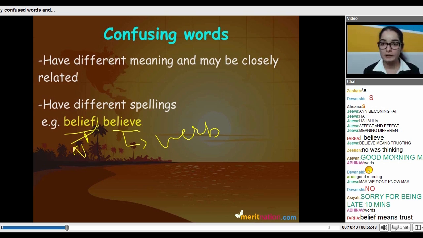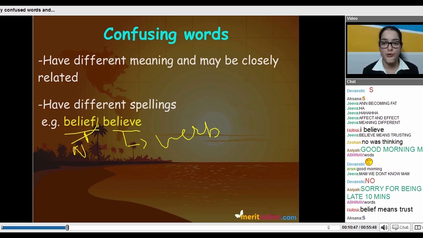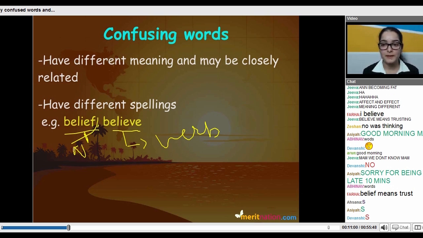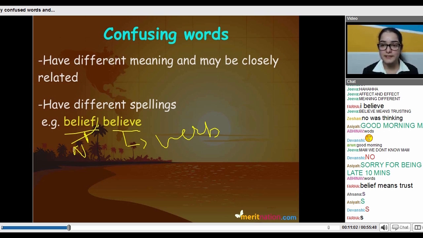Is it clear? Belief is confidence, having confidence in something, whereas believe is to have confidence in something. Is it clear? Did you get the difference? Am I making sense? Yes?